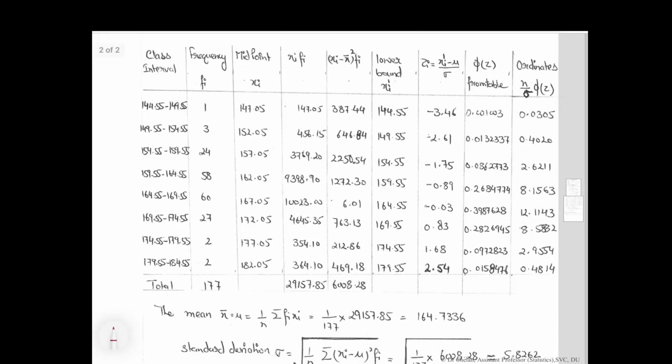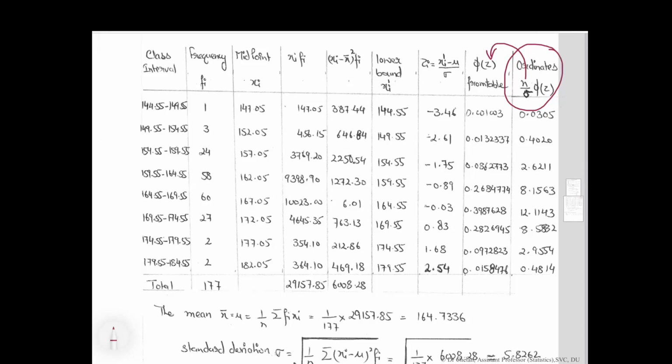In the next column, we will calculate the ordinates by using the formula n upon sigma into phi of z, which we already calculated in the previous column. Here n by sigma, we know the total number of frequency and the standard deviation of the data.